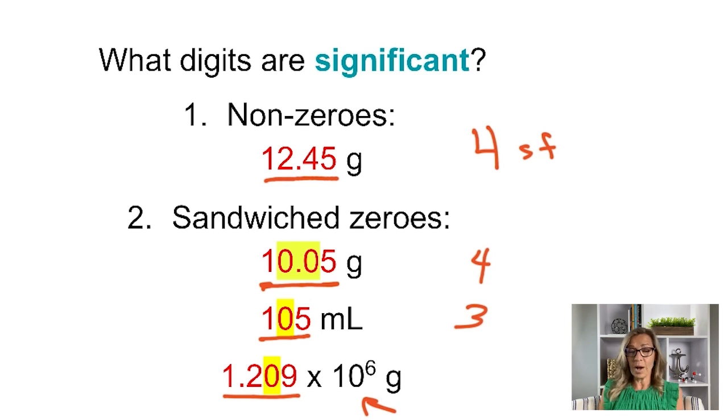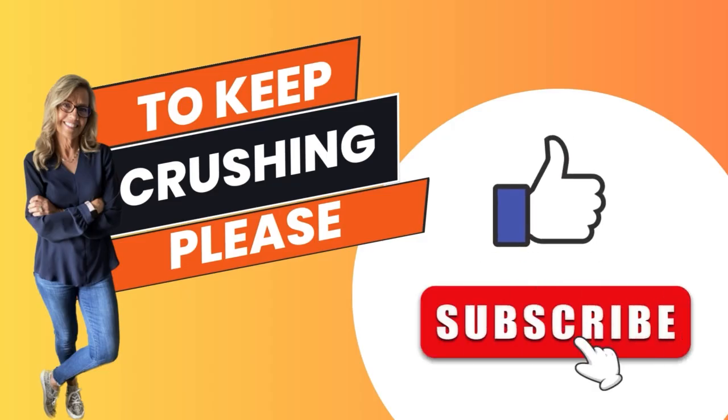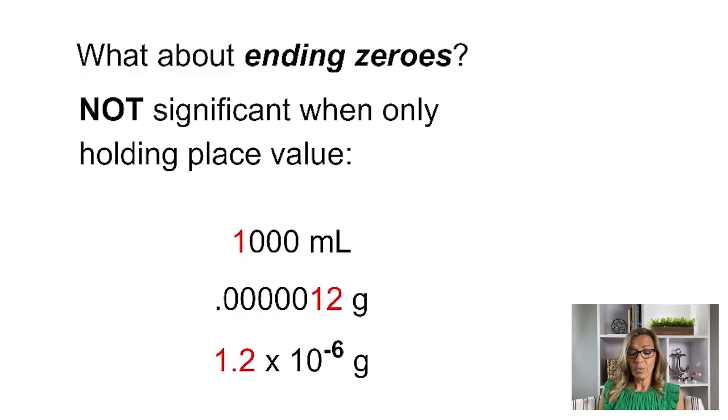All right, so what about zeros that are not sandwiched, but that are on the ends? Well, it depends on what that 0 is doing. If it is only holding place value, it is not significant. For example, I have a 1,000 milliliter.